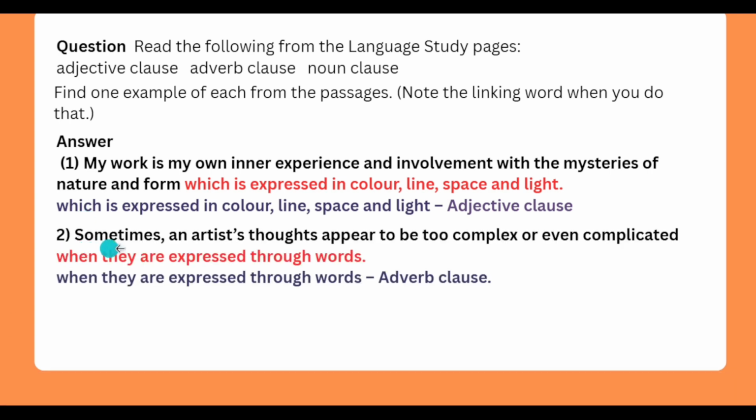Second sentence, sometimes an artist's thoughts appear to be too complex or even complicated when they are expressed through words. When they are expressed through words is an adverb clause. Subordinate adverb clause always begins with a subordinating conjunction. So here, when is the linking word or subordinate conjunction.